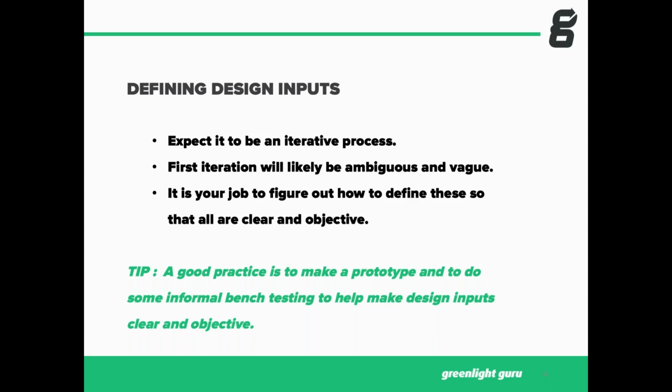All right. So when defining design inputs, expect this to be iterative. This is not something that you're going to do one time and expect to be perfect at it. This is going to be an evolutionary type of process. You're going to start with something. Some of the things you may know right away. You may know that it has to be a certain dimension or length in order to access a certain part of a patient anatomy.